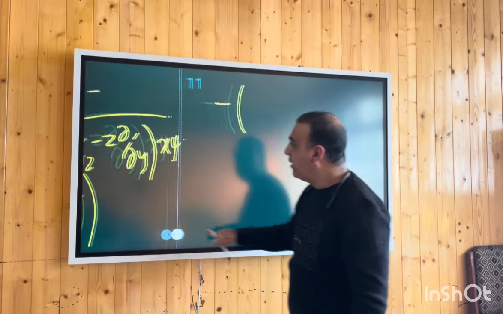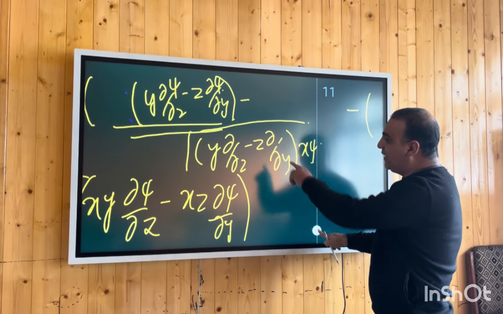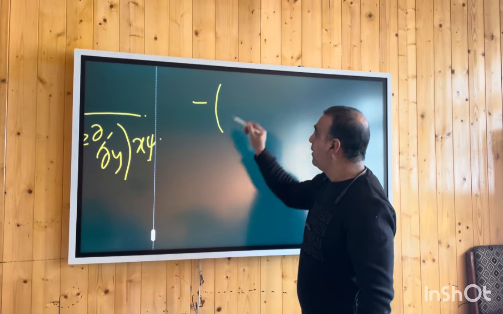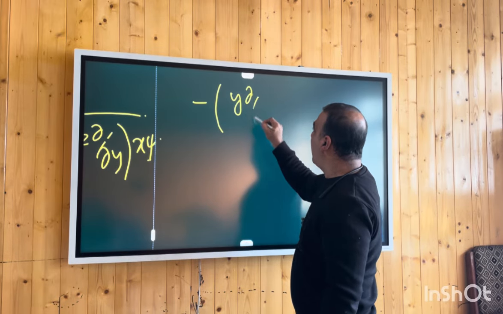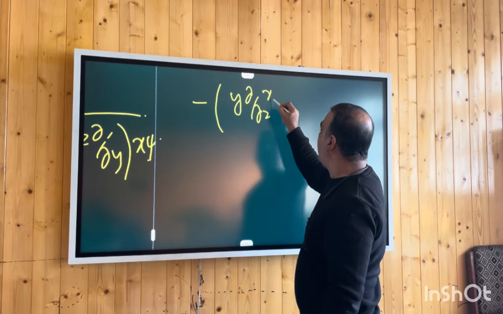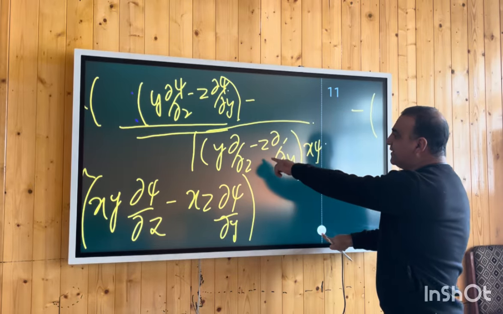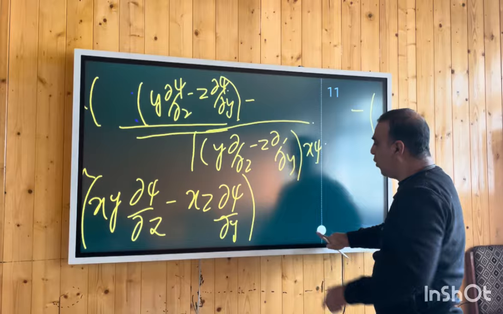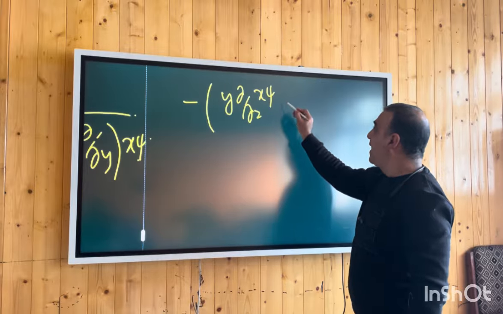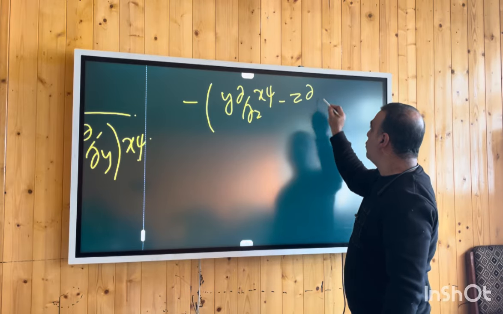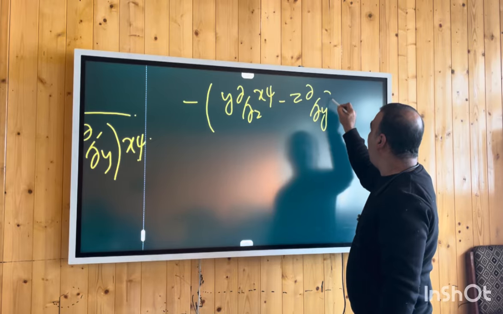And then you will have Y dou by dou Z of X psi. This will be one thing. Minus Z dou by dou Y of X psi.